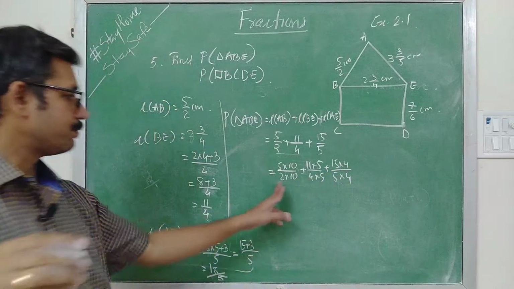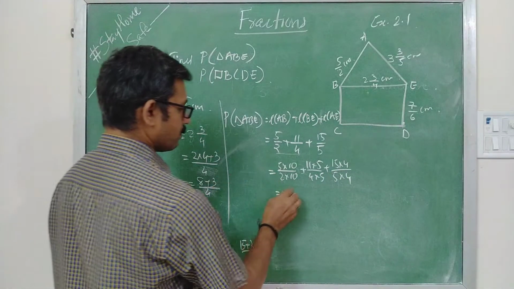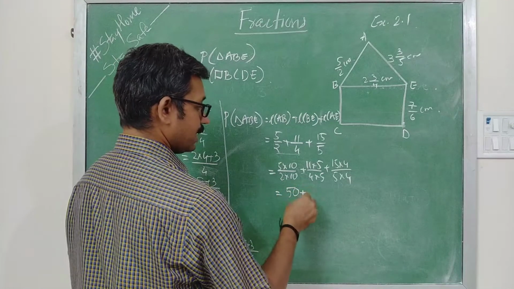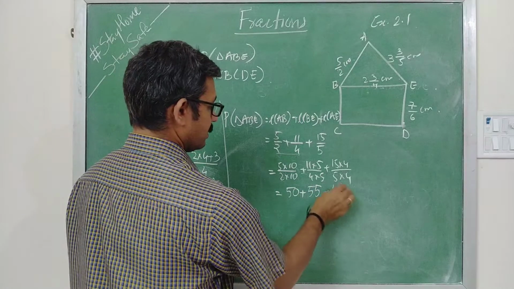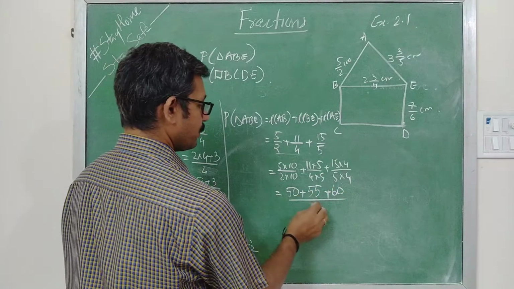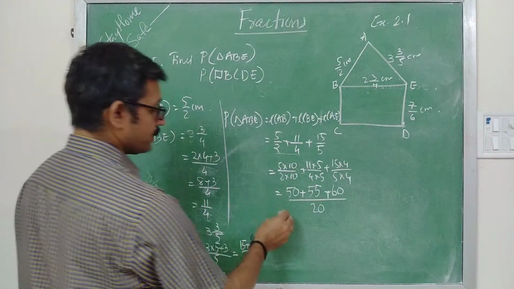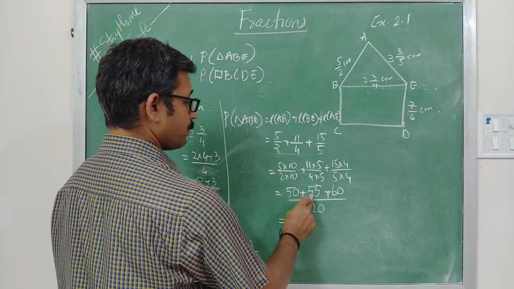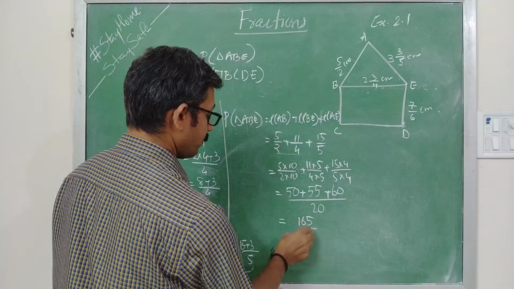All denominators become 20. So it is 50 plus 55 plus 72 upon 20, which is 177 upon 20.